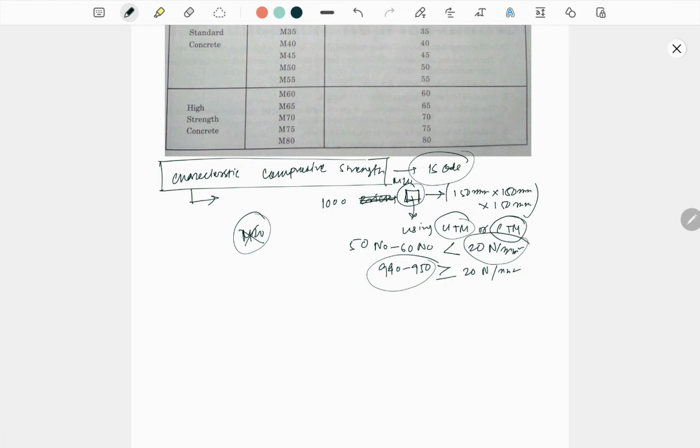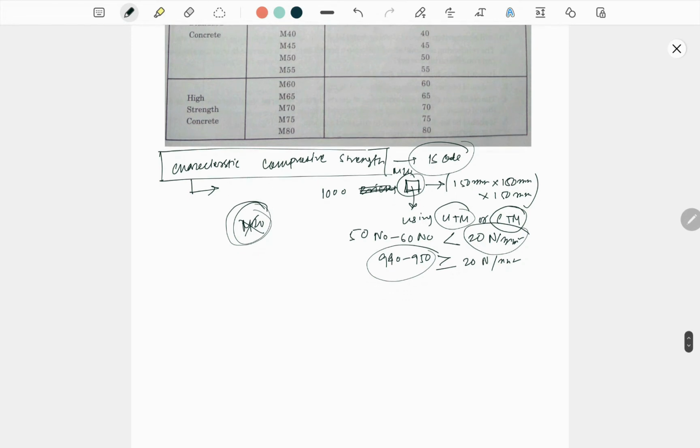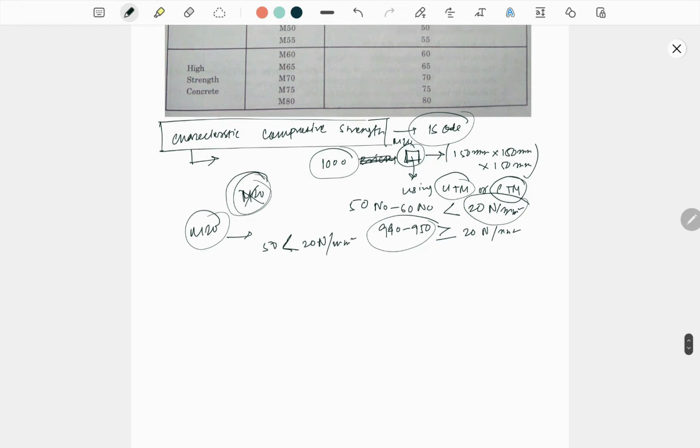So my question is, when should I say this is the characteristic compressive strength? We will say M20 only when, if you take 1000 cubes, less than 50 have strength less than 20 Newton per mm square, and the remaining, greater than 950, have strength greater than or equal to 20 Newton per mm square.